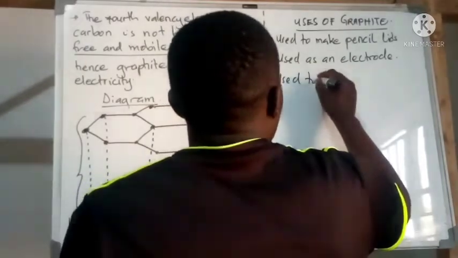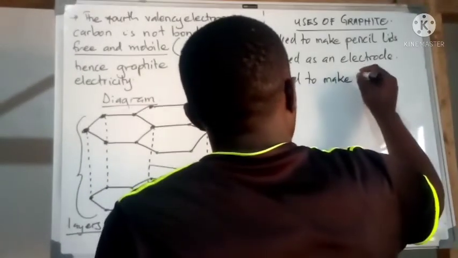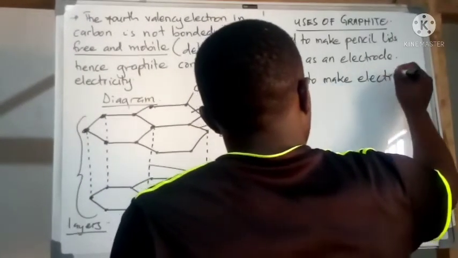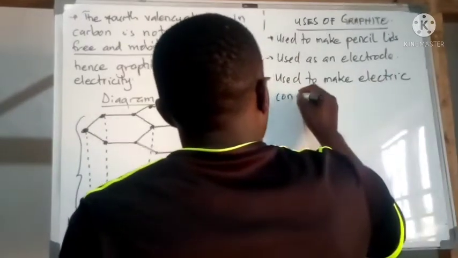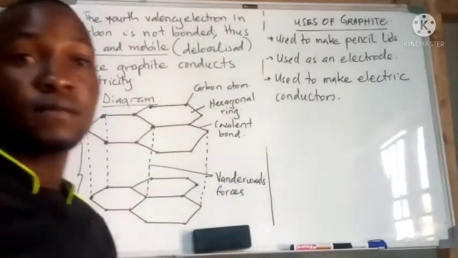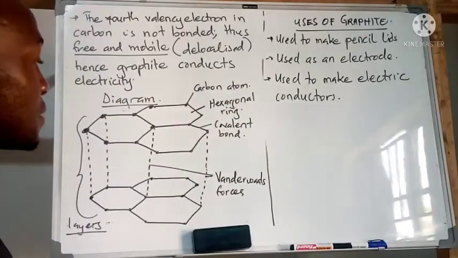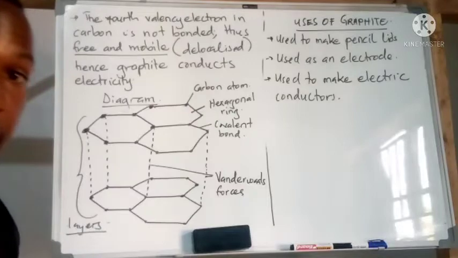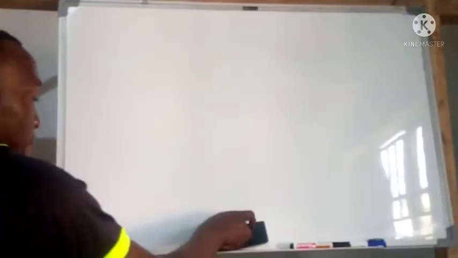Three, used to make electric conductors. Those are some of the uses of graphite we can discuss.